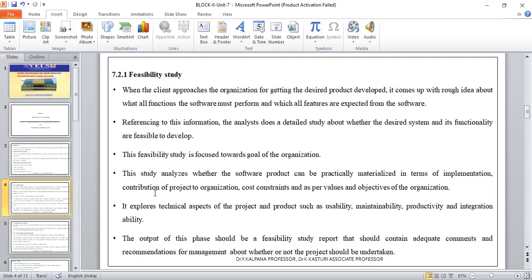After the study, the software company will decide whether the particular project can be undertaken or not.